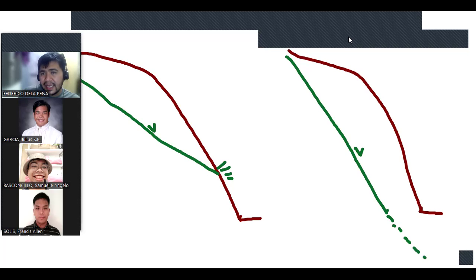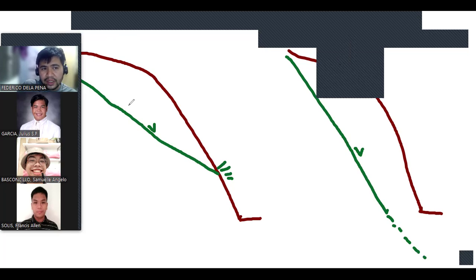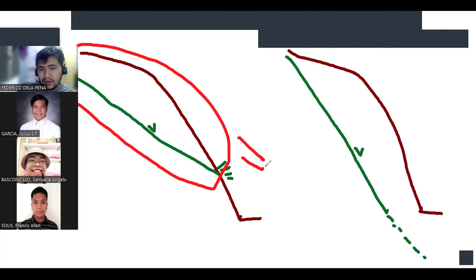In terms of kinematics, or possible movements, it's quite obvious that this block can undergo failure. It can exit this slope through this discontinuity.